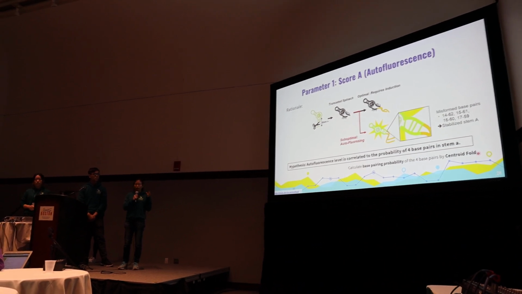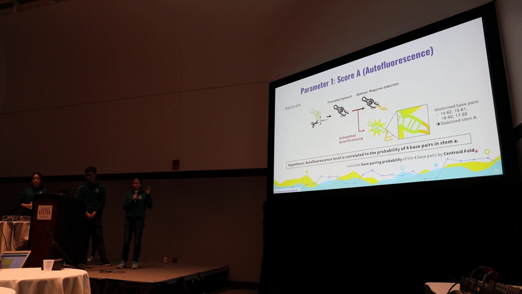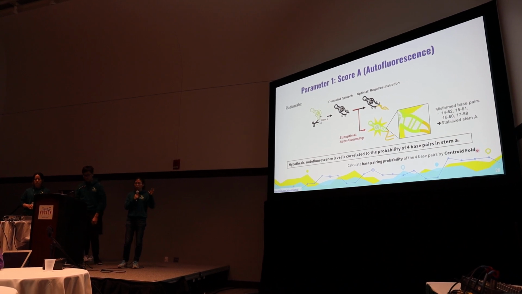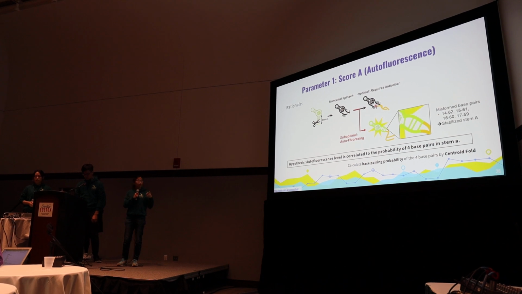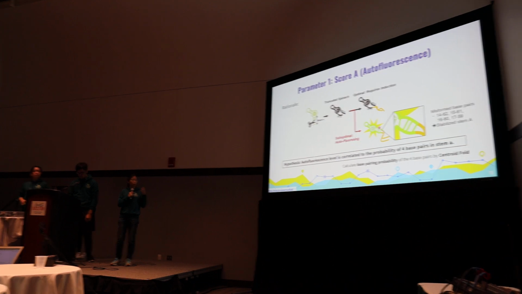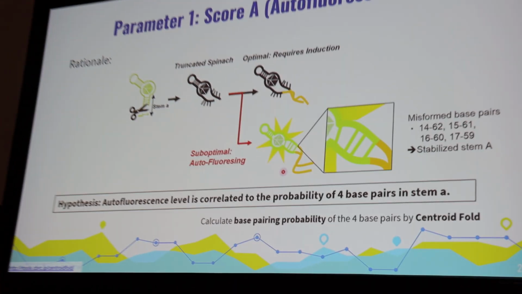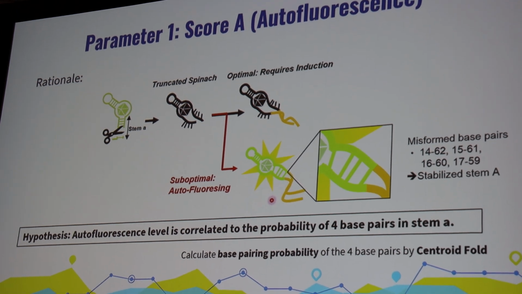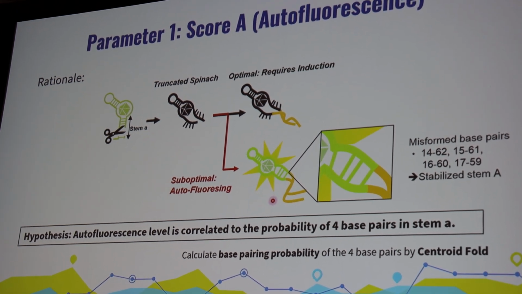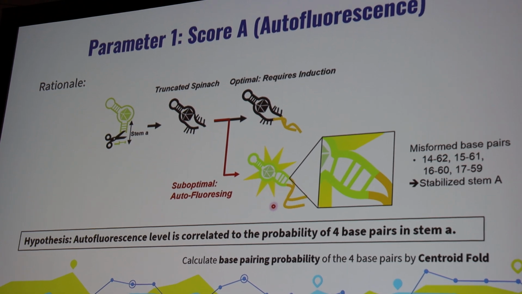So for the optimal design, stem A should still be destabilized, even after adding the 22 base pairs. But for the suboptimal condition that we would like to eliminate or reduce, we expect stem A will be reassembled. So we expect the fluorescence level to be correlated with the probability of the forced base pair remaining in stem A.